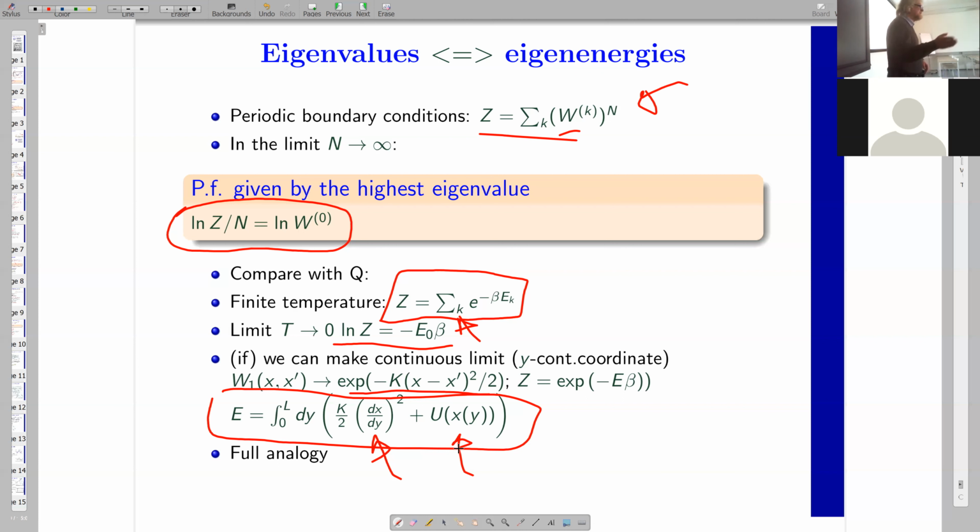Good, so we have formulated the analogy in both ways. An introduction to, I would say, path integral methods, and what I have here is called the method of transfer matrices.